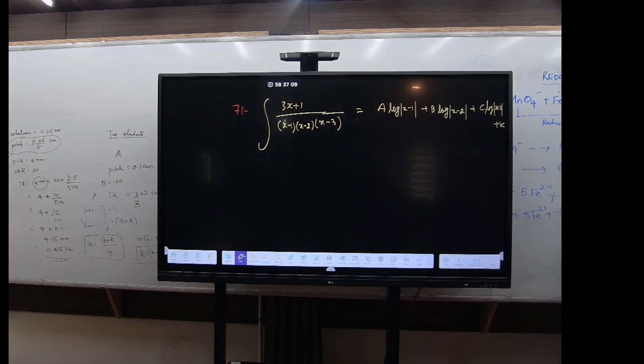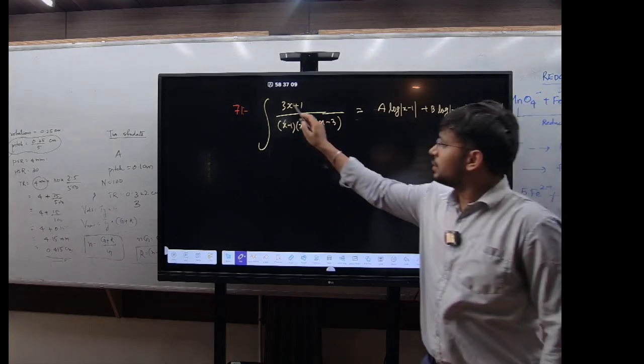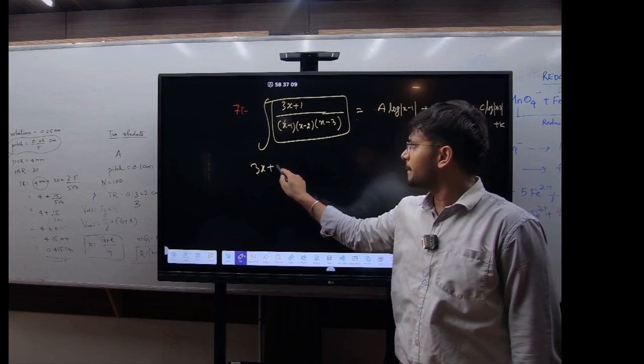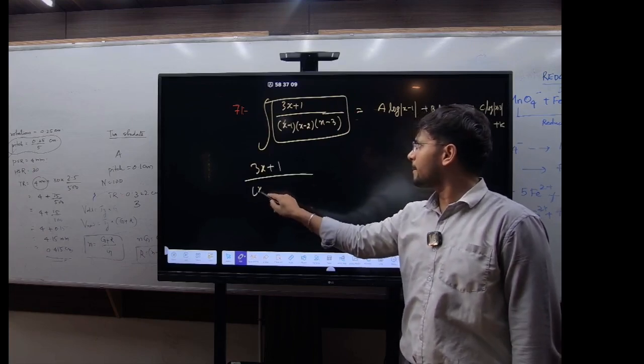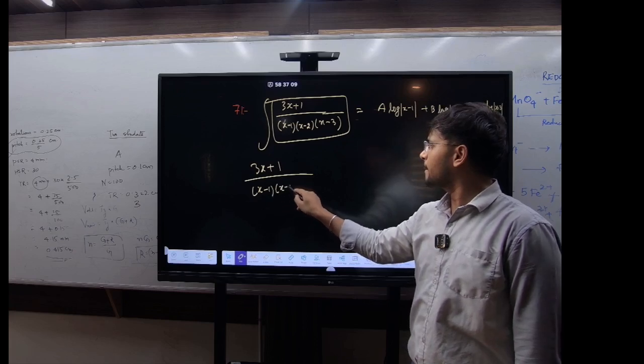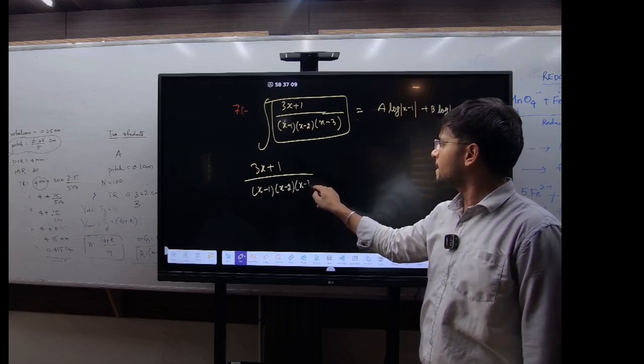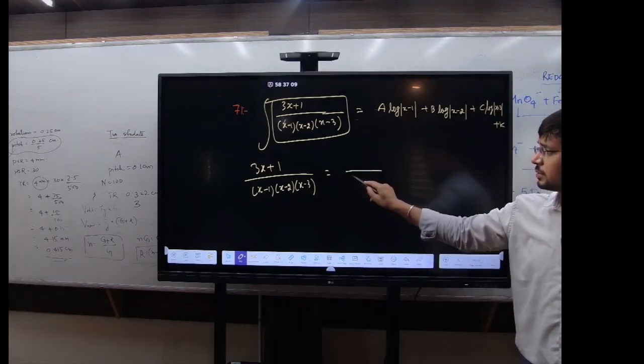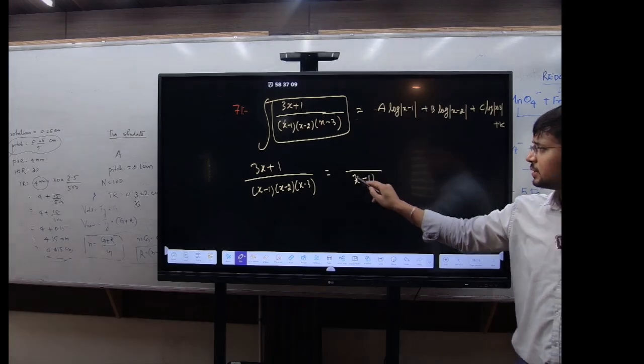You have to find the value of A, B, C. What will we do? Forget everything, we will write the same thing as it is. And then I have write like this.